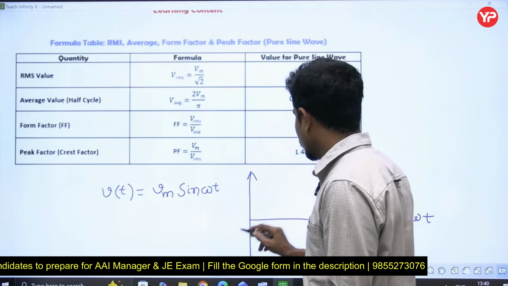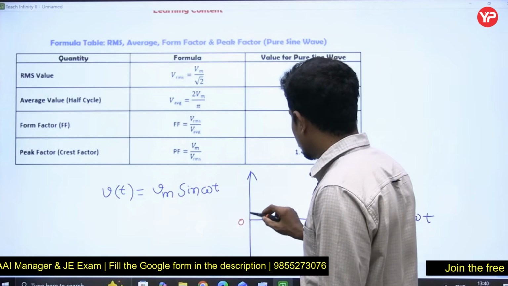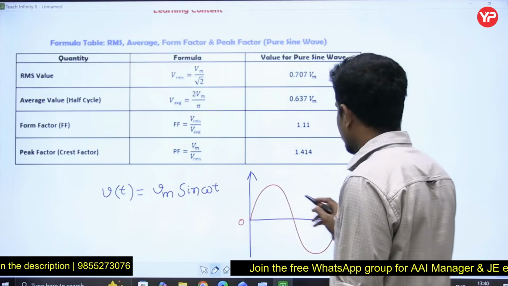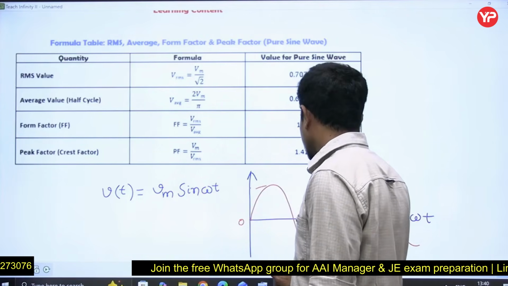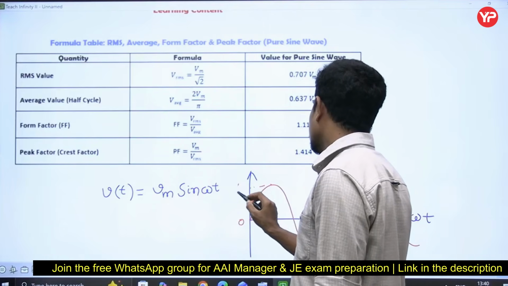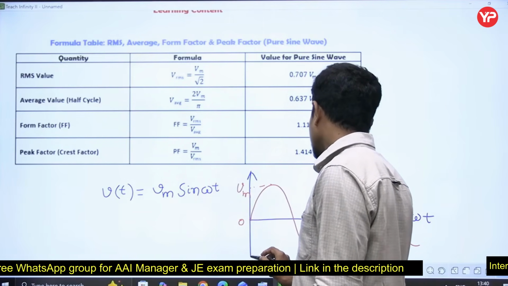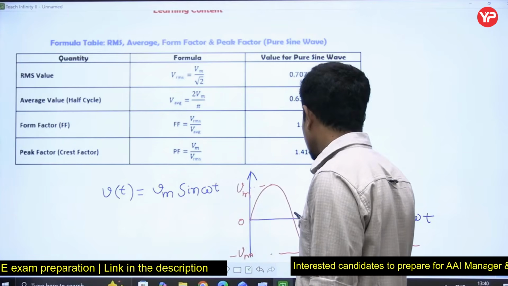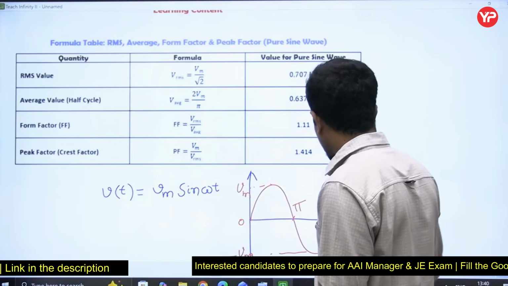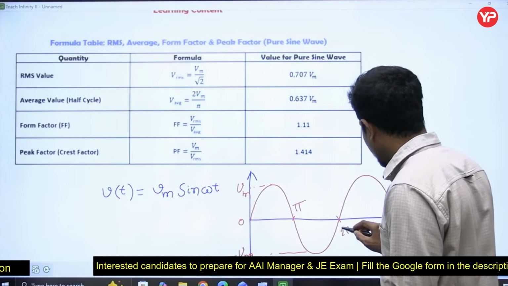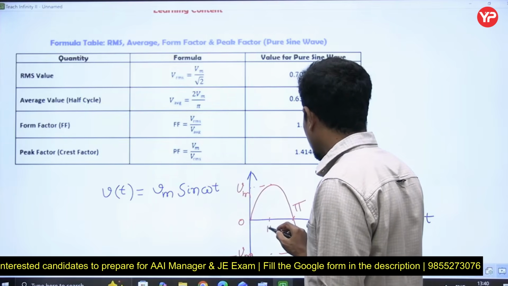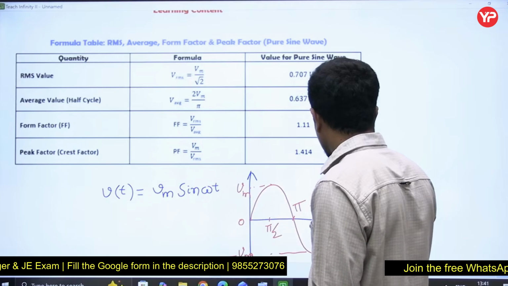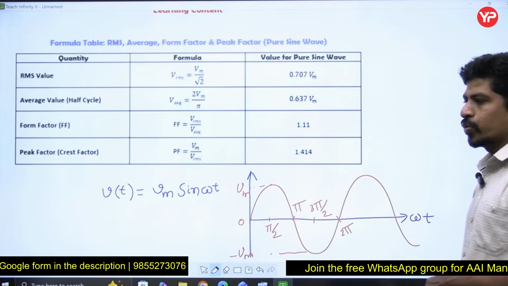This is Vm, this is minus Vm. This is 0, pi by 2, pi, 3 pi by 2, 2 pi, and it continues, right?